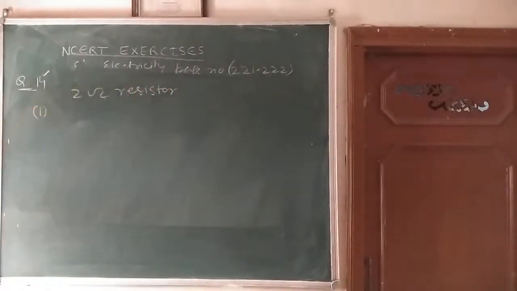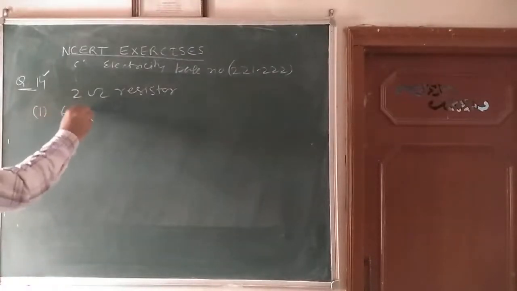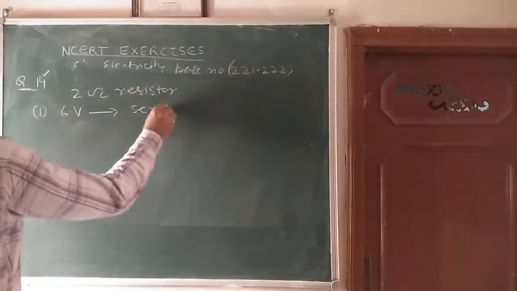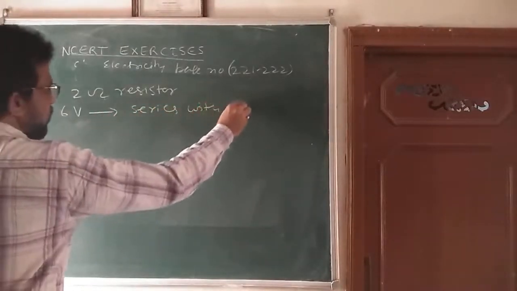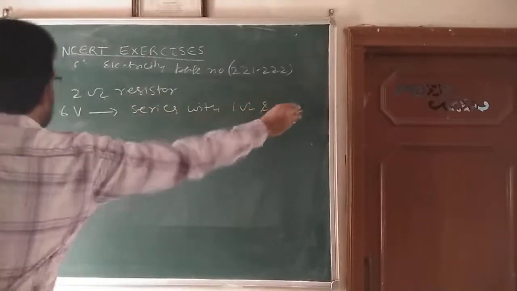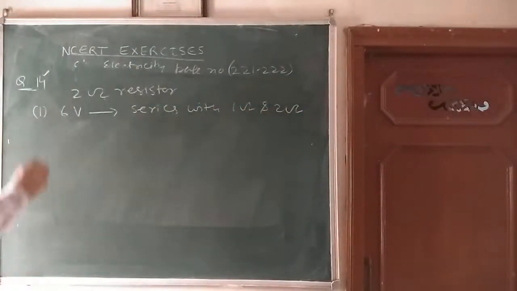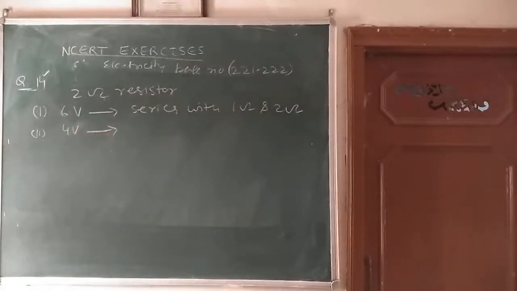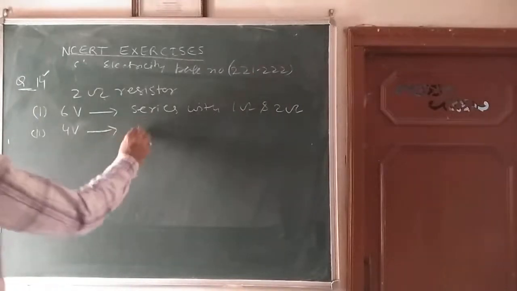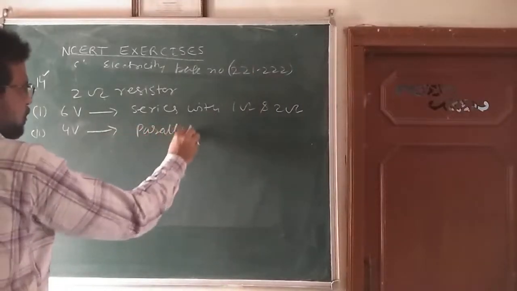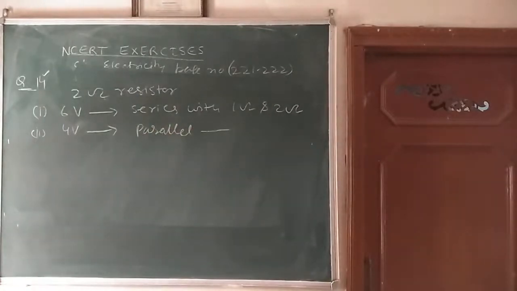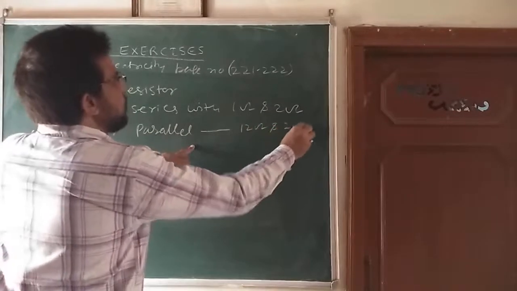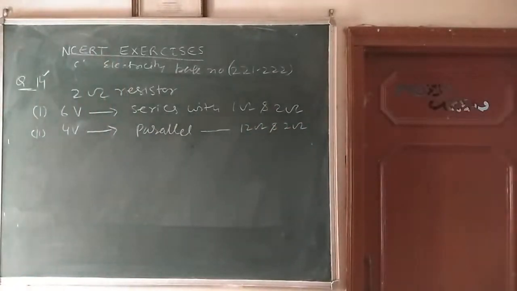First, a 6 volt battery in series with 1 ohm and 2 ohm resistors, and second, a 4 volt battery in parallel with 12 ohm and 2 ohm resistors. This is our question.